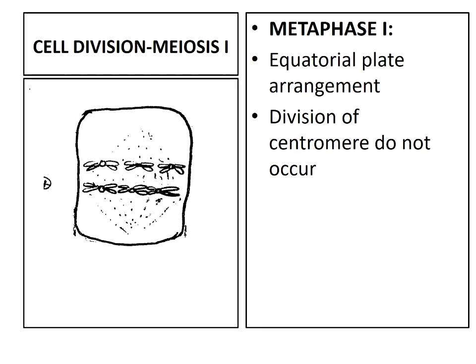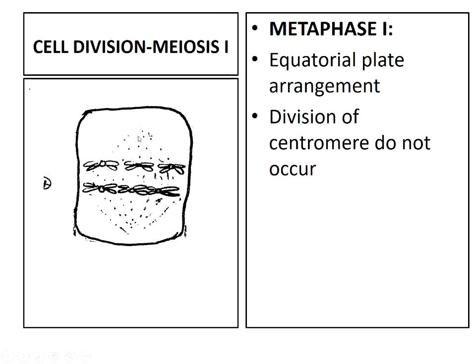The achromatic apparatus becomes well developed in animal cells. Asters and spindle fibers are also formed in animal cells. But in plant cells, the spindle fibers are the only structures which form the achromatic apparatus, and the spindle fibers make contact with the centromeres.